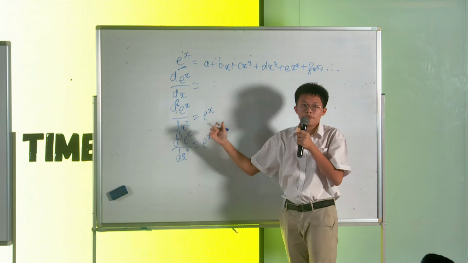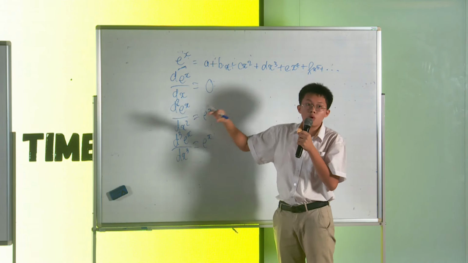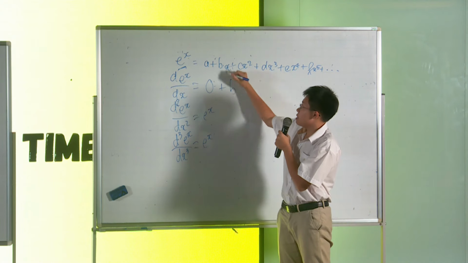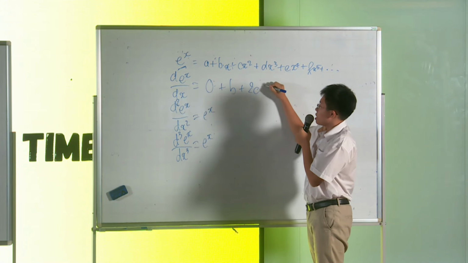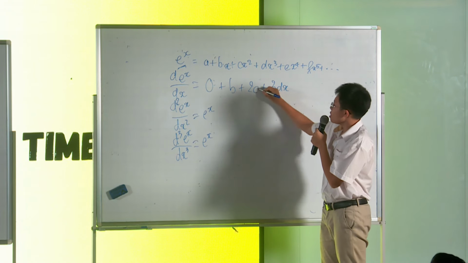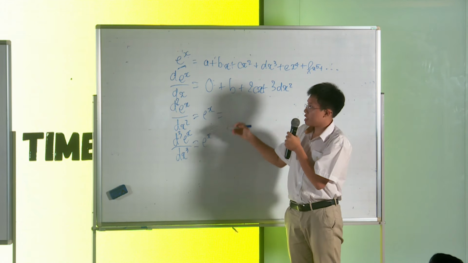So for the first differentiation, the a will turn into a 0 because it will lose one term and the exponential value will degrade, so it will be b. And this is 2cx and 3dx squared.